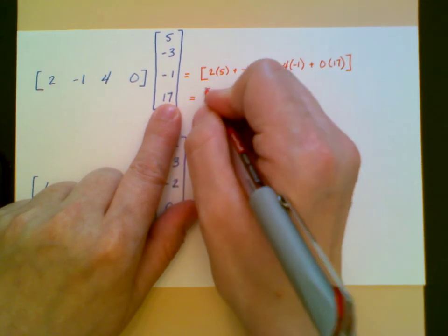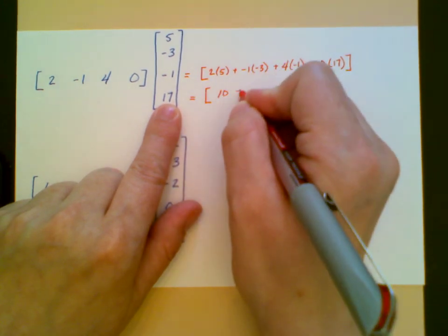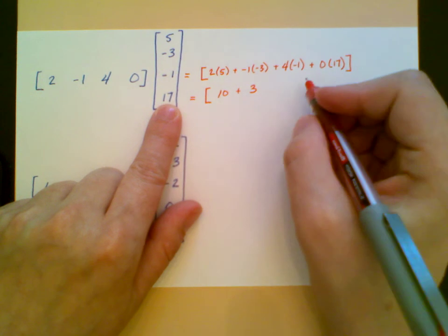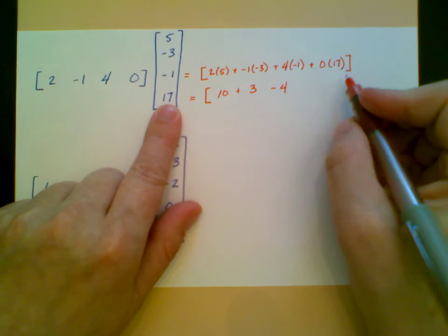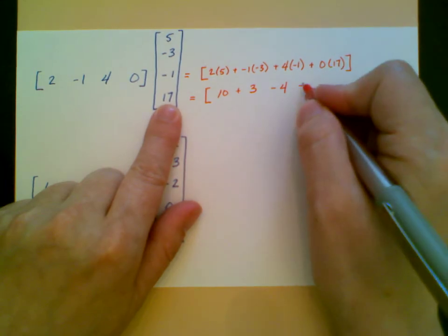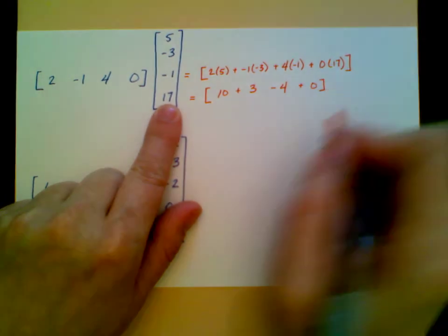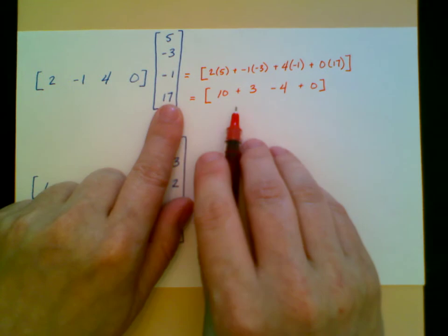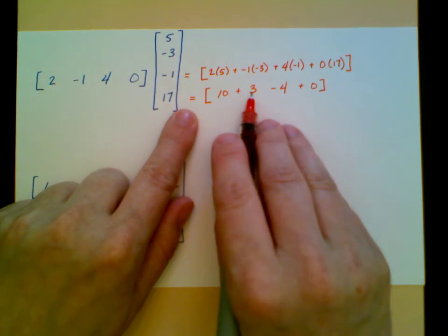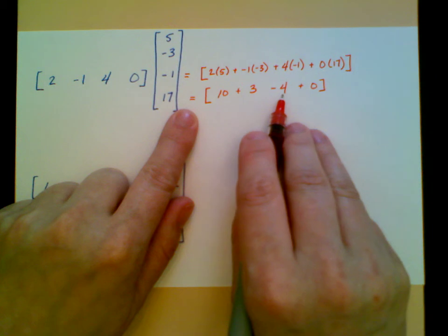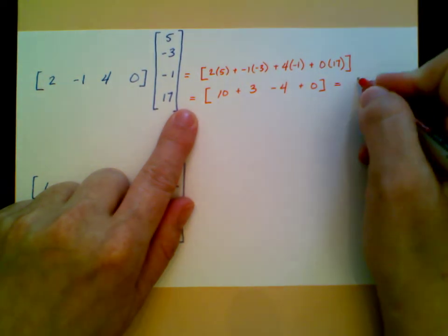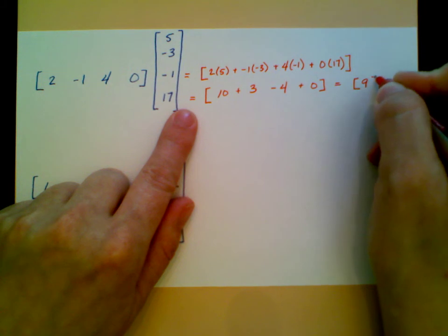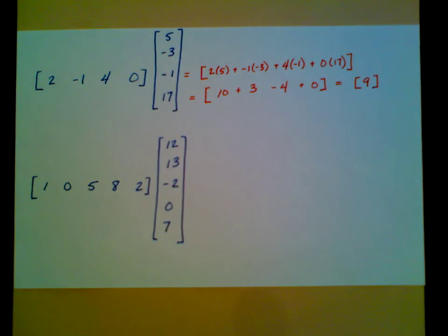And maybe we'll show all of this work. Plus 3. 4 times -1 is -4. And 0 times 17 is, of course, 0. So, 10 plus 3 is 13, minus 4 is 9, plus 0 is still 9. And so that matrix is the single element matrix containing the number 9.